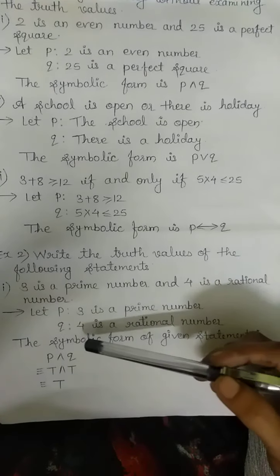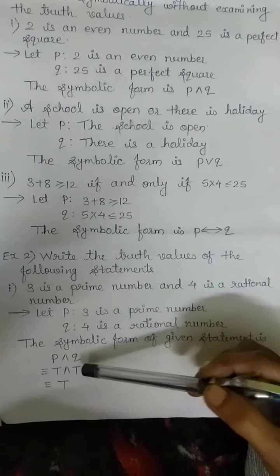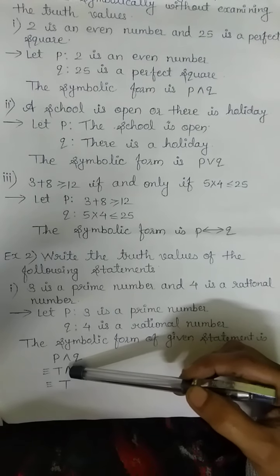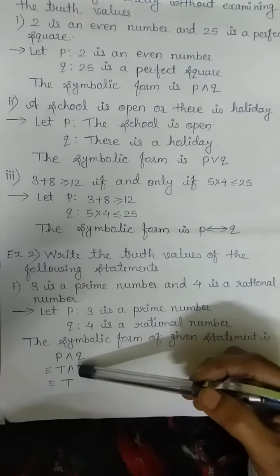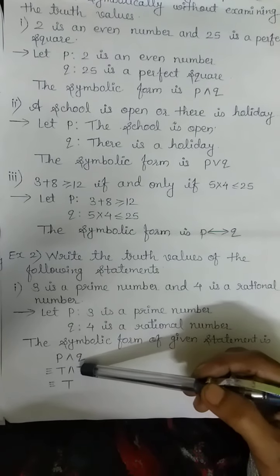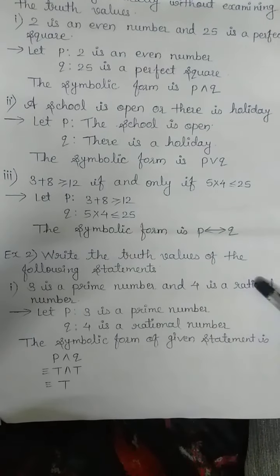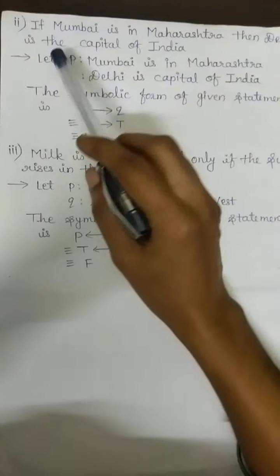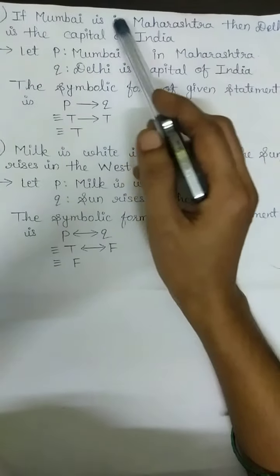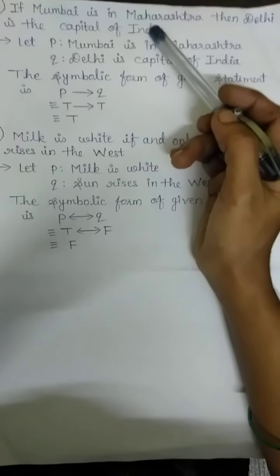So the answer is true, and at the place of Q we will write T. Now in the table of AND we will check the answer for T and T. When both the statements are true, then the answer is true, and therefore the truth value of the given compound statement is true.